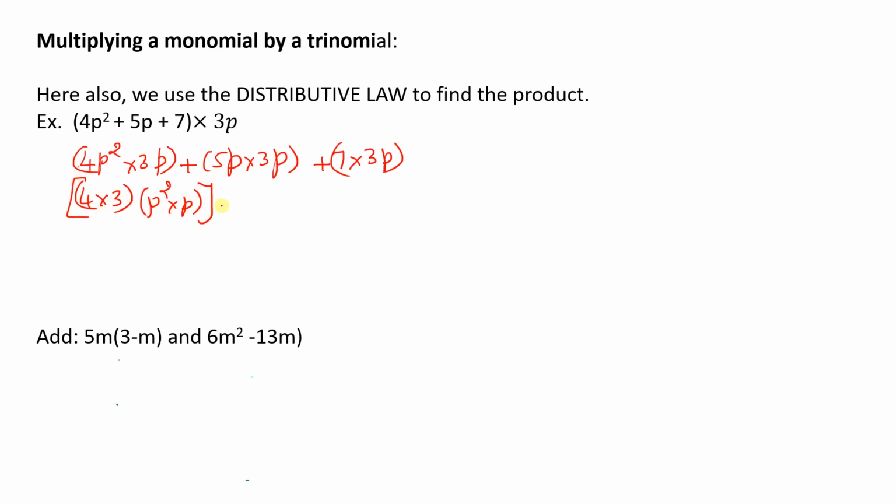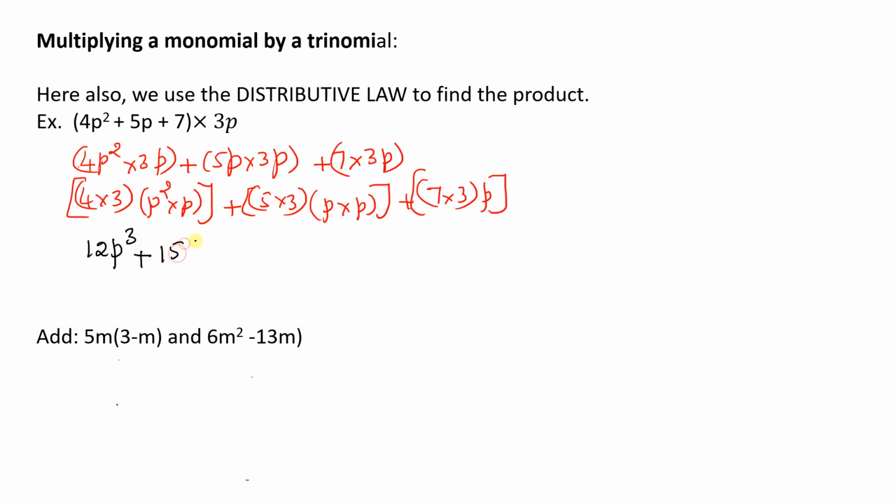If you think that you will get confused, you put big brackets like this. You will get 3 terms. Now it is 5 into 3 into p plus 7 into 3 into p. So these are the 3 terms. Therefore, the final answer is 4 3s are 12. P square into p is p cube plus 5 3s are 15. P into p is p square plus 7 3s are 21p.